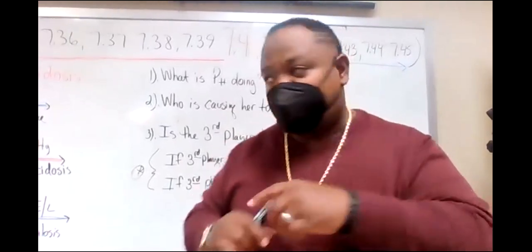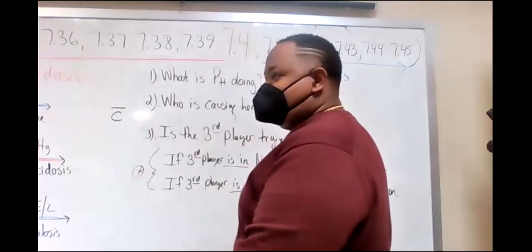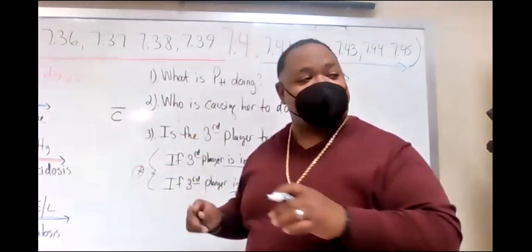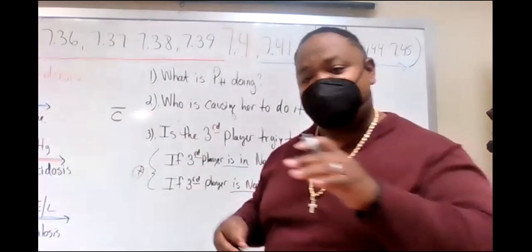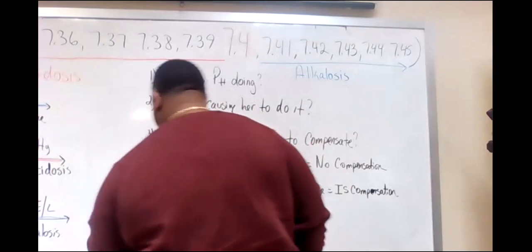Remember the C with the line over it, that's "with." So you'll tell me the acid-base, and then with, and whatever the oxygenation status is. We're going to learn the oxygenation status next. Let's get the acid-base down pat first.